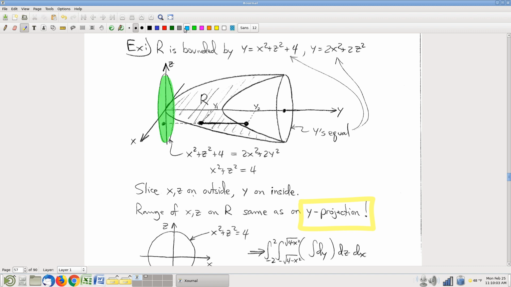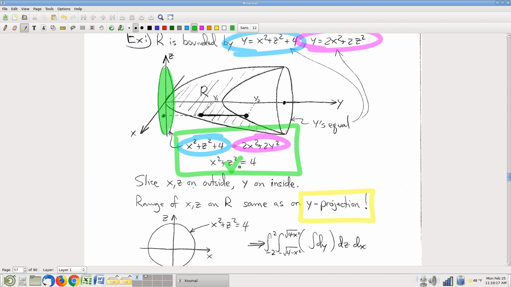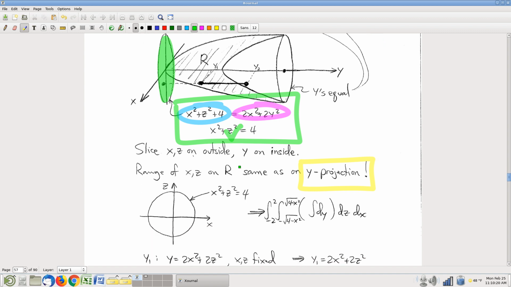This paraboloid and this paraboloid, where they intersect, the equation's easy to deduce, and so your x and z bounds are based on just looking at that circle in the xz plane, and then all that remains is to find the y bounds.